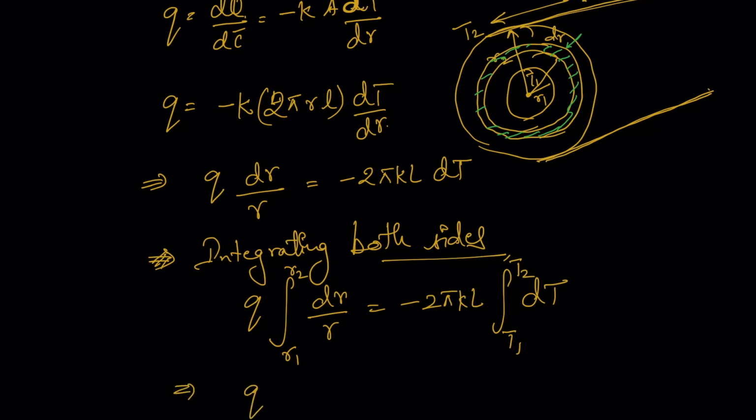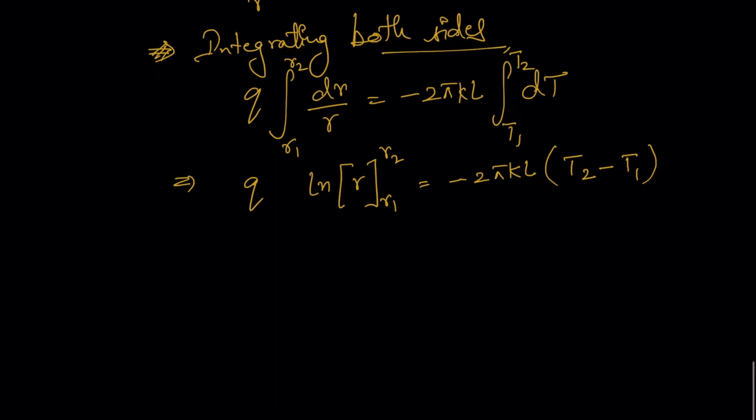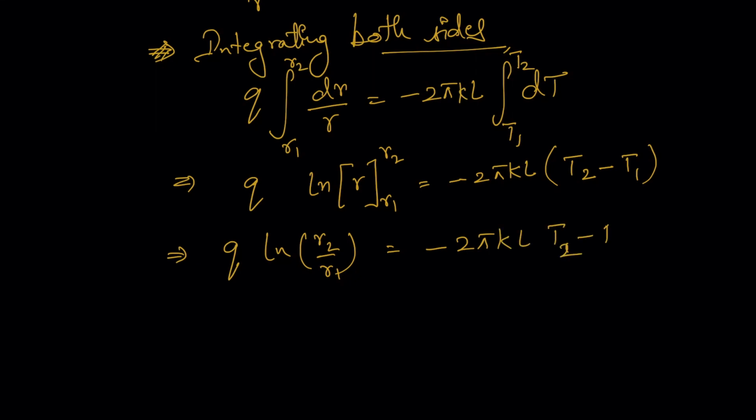The integration of 1 by r is ln, log base e, so ln r from r1 to r2 equals minus 2 pi k l into T2 minus T1.